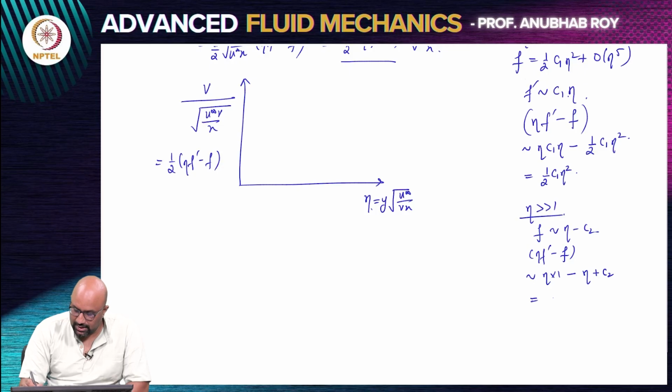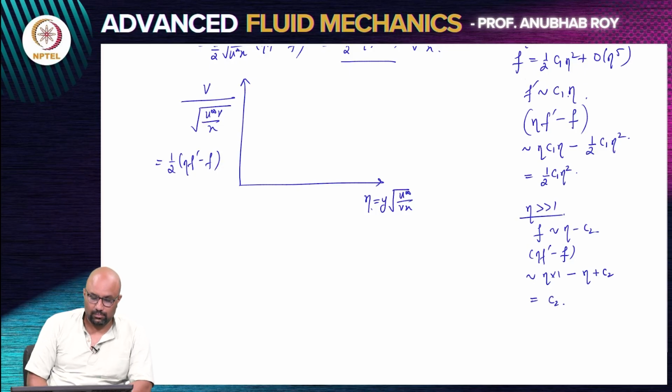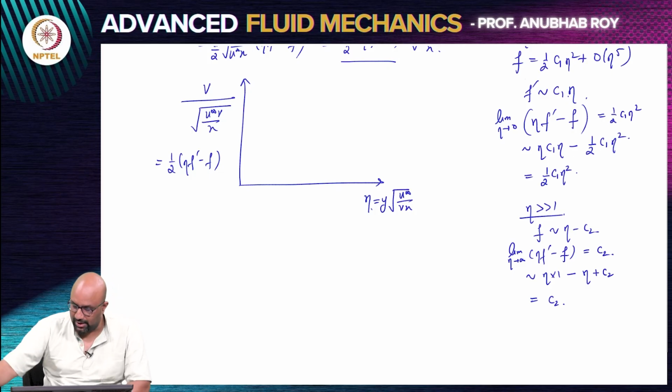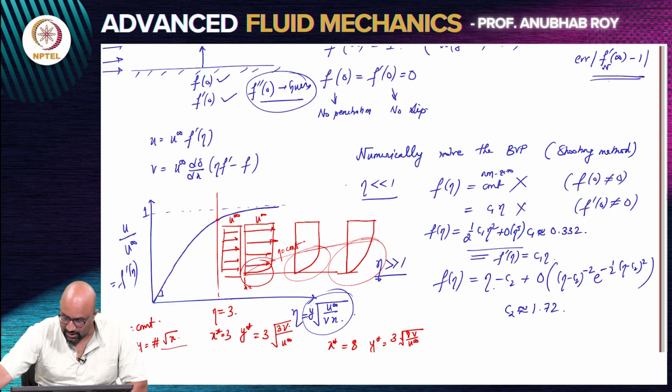So this is c2. So we have two pieces of information here: the limit of eta going to 0 of eta f prime minus f is half c1 eta square, and the limit of eta going to infinity of eta f dash minus f is c2. And we know the values of those constants. We have already written them down. c1 is approximately 0.332 and c2 is 1.72.